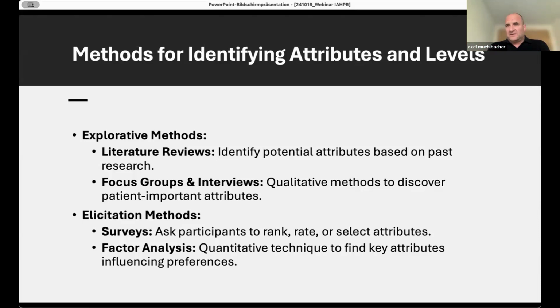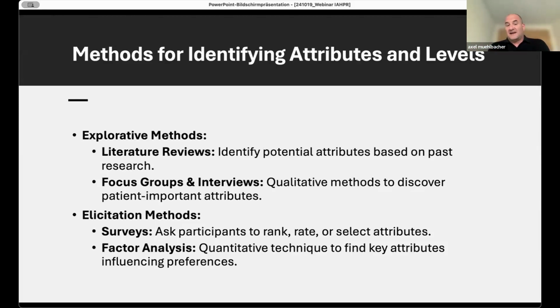And then we even can move a step further to use different, maybe more elaborate elicitation methods, doing surveys in front of a health preference study, asking participants to rank and rate certain attributes. That's mostly done to narrow down a large list of characteristics of a treatment or items of a certain health state to the most valuable or the most interesting, or the ones we should focus on in health preference research.